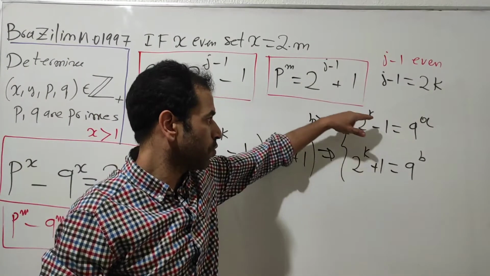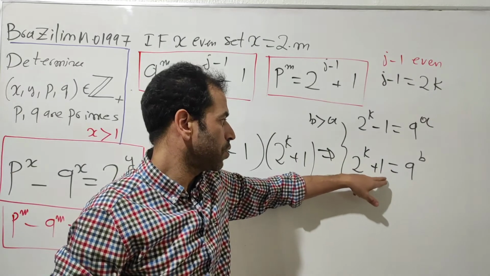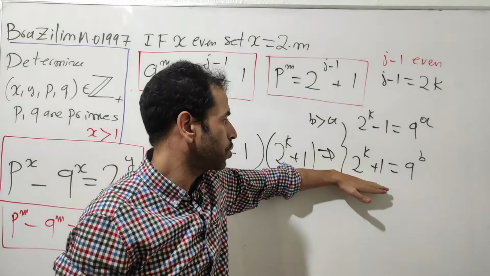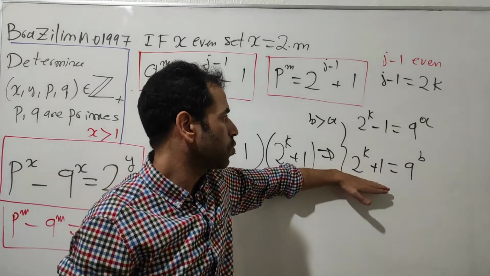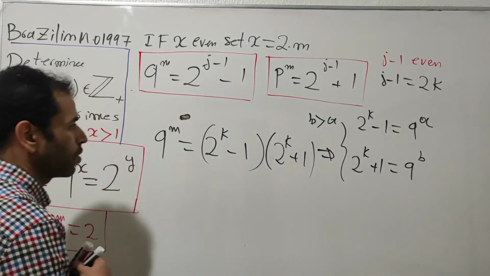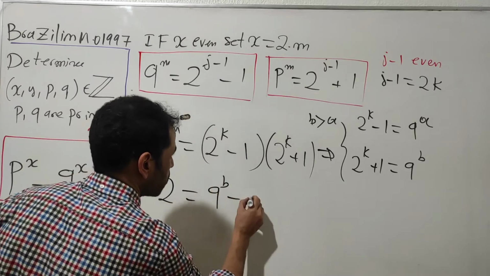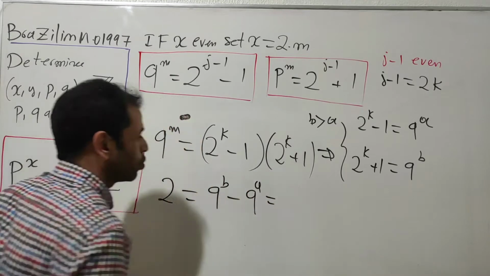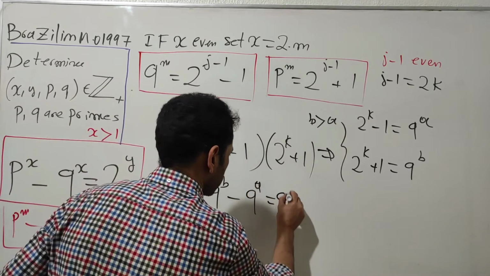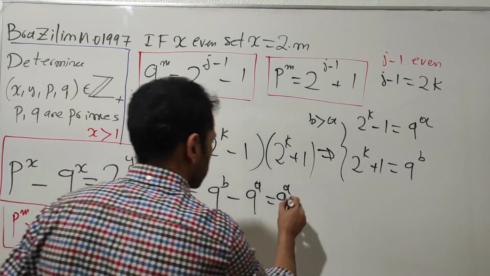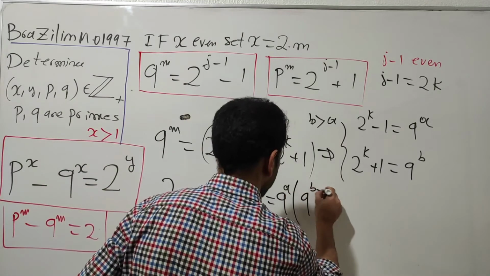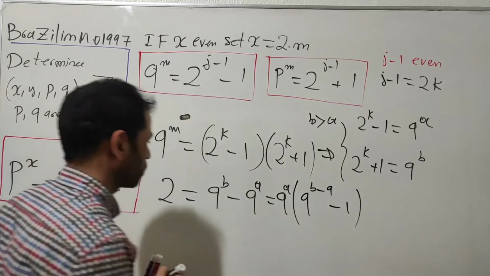So it's more simple here. I'm going to get rid of 2 to the k. Since we have the known value 1, I'm going to take this equation minus this equation. I get 2 equals q to the b minus q to the a. Taking q to the a as a common factor, I get q to the a times (q to the b minus a, minus 1).